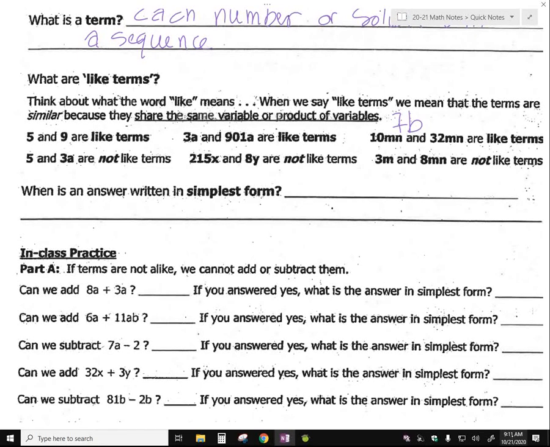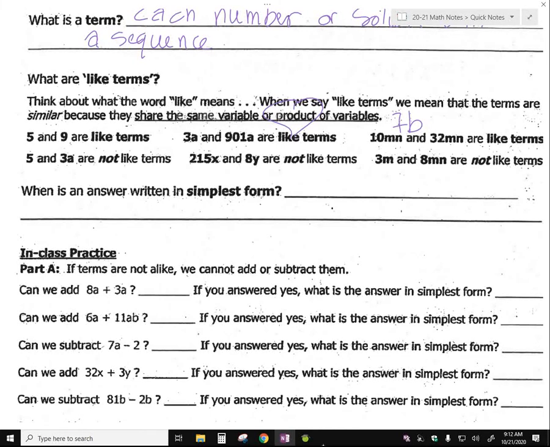So that's why they have a product of variables. So the number 5 and the number 9 are like terms. The number 5 and 3a are not like terms. Because if you have the number 5 and you have 3 apples, you can't add the number 5 to 3 apples and make more apples.